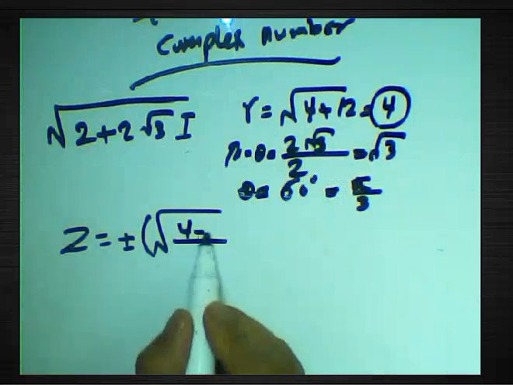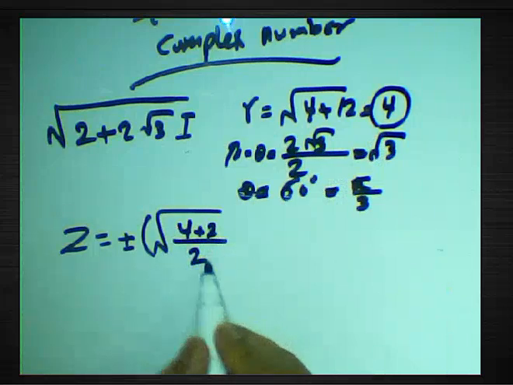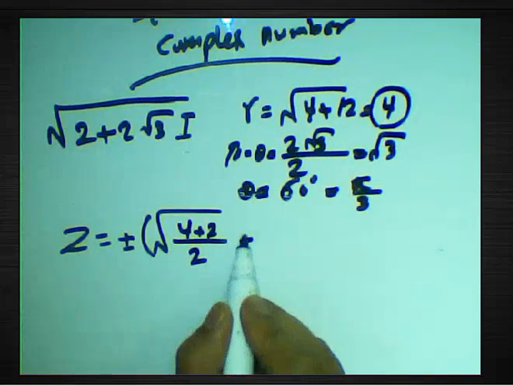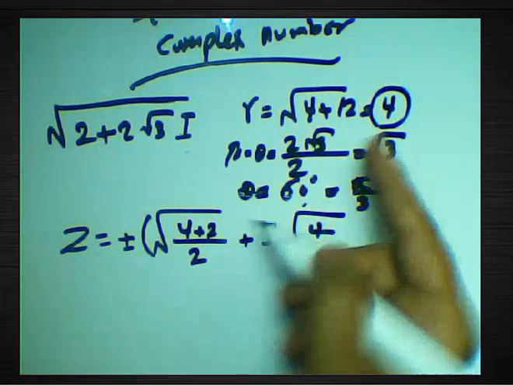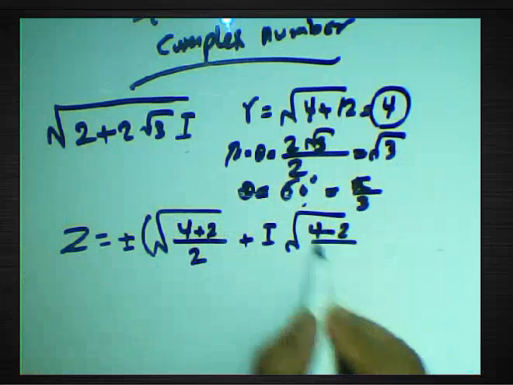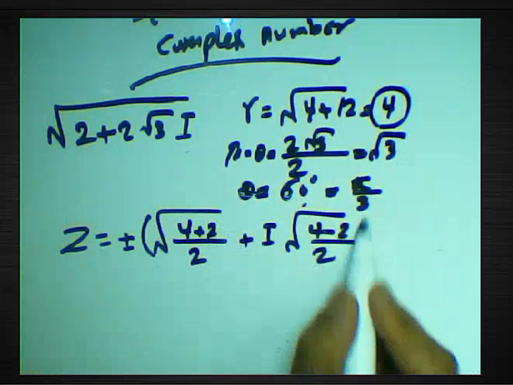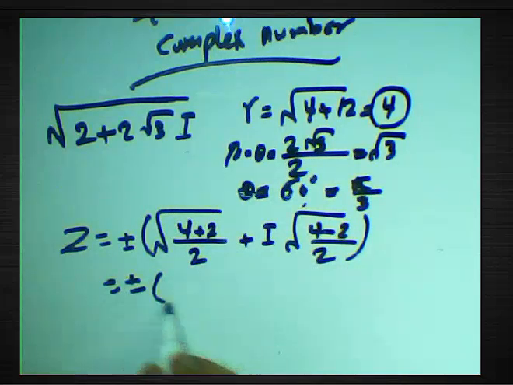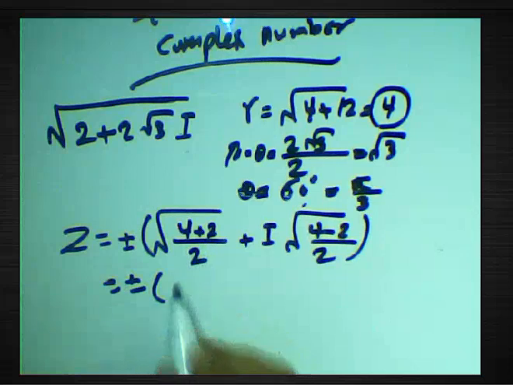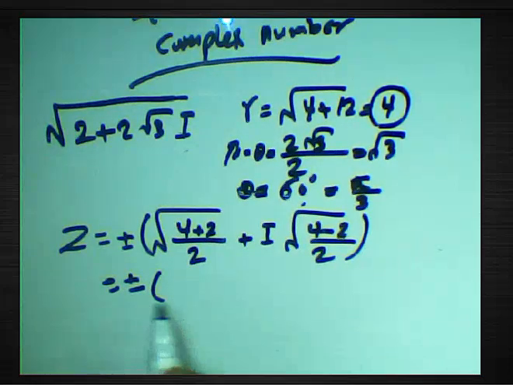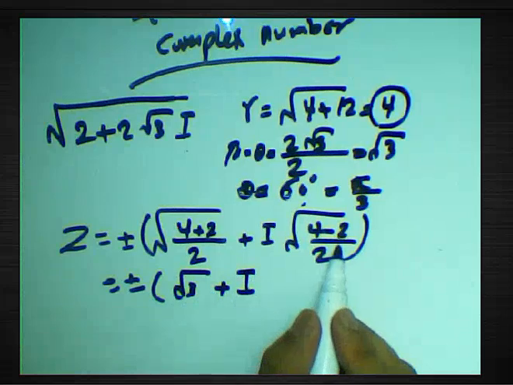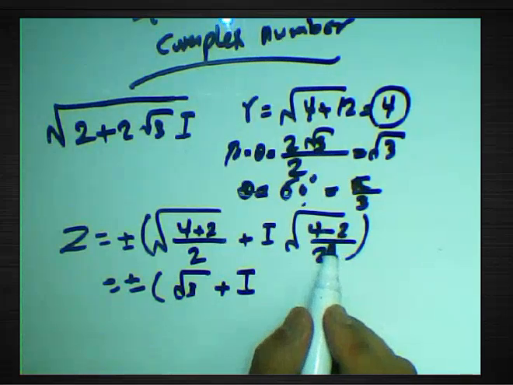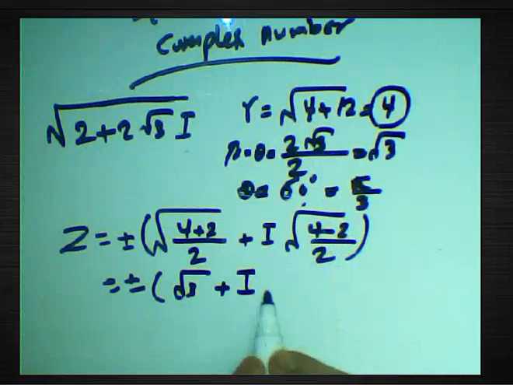The square root of (4 plus 2) divided by 2, plus i multiplied by the square root of (4 minus 2) over 2. The result will be positive or negative. 4 plus 2 is 6, 6 divided by 2 equals 3, root 3, plus i, and here 4 minus 2 is 2, divided by 2 is 1. The result will be root 3 plus i, positive or negative.